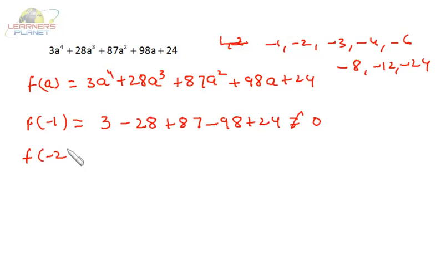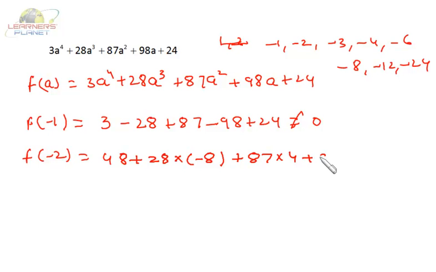So f(-2) is equal to 2 raised to 4, that is 16 into 3, 48, plus 28 into minus 8, plus 87 into 4, plus 98 into minus 2, plus 24.